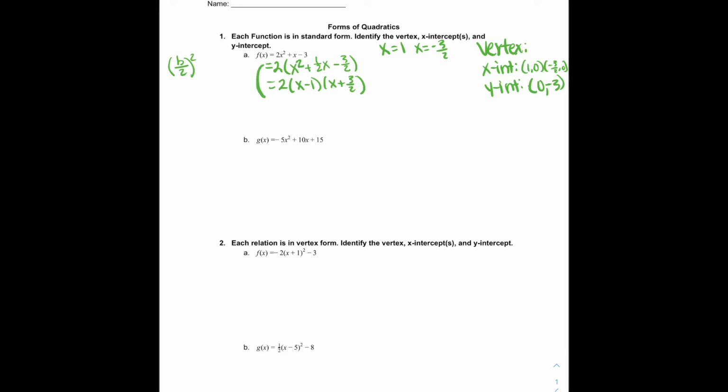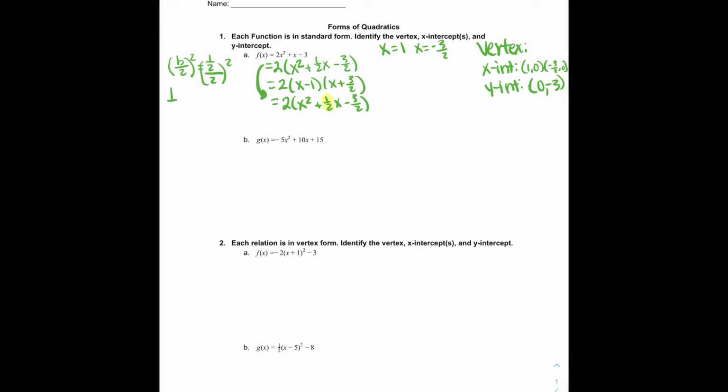So I'm going to jump back to 2 times x squared plus 1/2 x minus 3/2. So my a value is 1. We're in standard form. So I have b divided by 2 squared. My b value here is 1/2. So I have 1/2 divided by 2 squared.